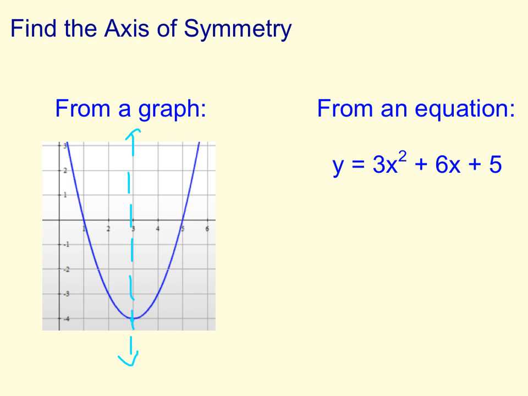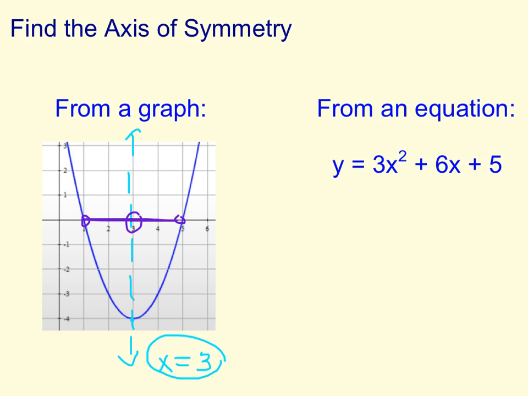Because it's a vertical line, we know that it's going to be of the form x equals, all of our vertical lines are x equals, and that line is x equals 3. So that is our axis of symmetry. You also could look at your 2 zeros, or x-intercepts, and you know that it's going to be halfway between those, and halfway between those is 3. So x equals 3 that way as well. So you can figure it out a couple different ways.